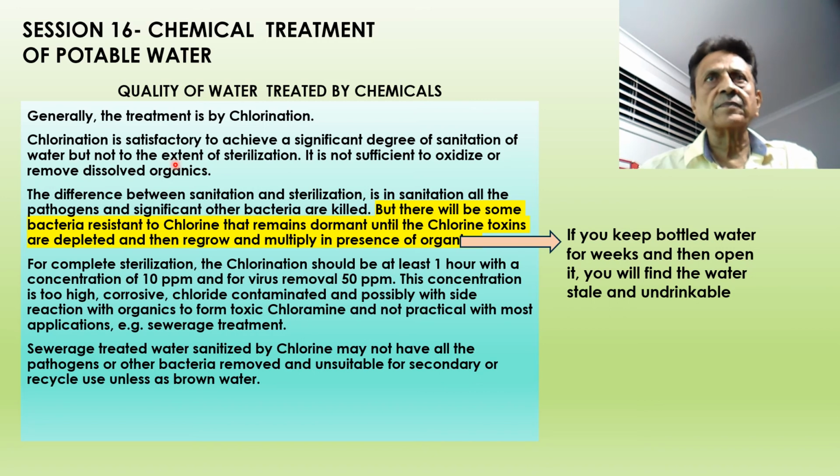With respect to treated water by chemicals, as we all know that chlorine is good enough to kill almost 99.99% of all the bacteria present, but there will be some 0.001 ppm of bacteria, percentage of bacteria, which is resistant to chlorine, and that remains dormant until the chlorine toxin are depleted, and then they regrow and multiply, particularly in the presence of organics.